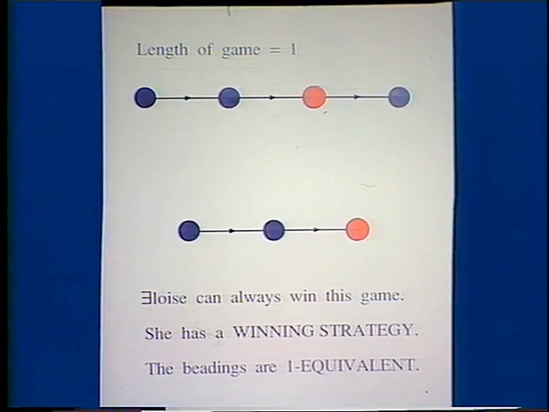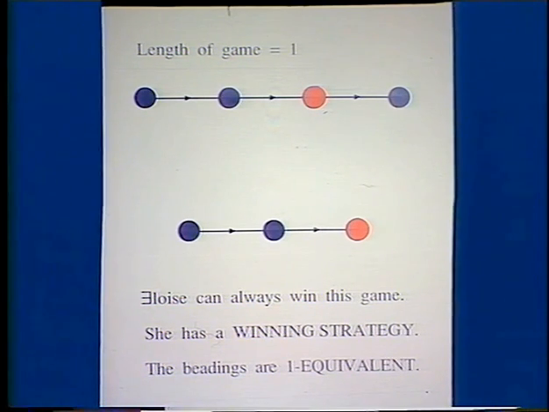Now, we have a name for this situation. When Eloise can always win this game, we say that she has a winning strategy. A strategy is a set of rules that tell her what to do to be sure of winning. And so Eloise, as we've seen, has a winning strategy for the Fraisse game of length 1 on these two beadings.